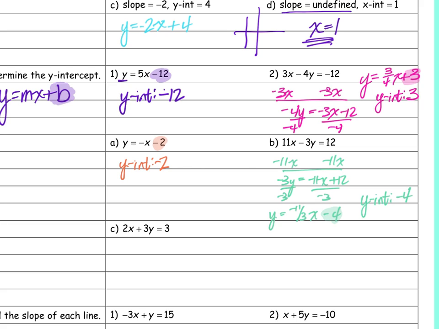And then on the last one, solve for y again. Subtract 2x. 3y equals negative 2x plus 3. Divide by 3. y equals negative 2/3 x plus 3. Sorry, my writing's getting sloppy. So my y-intercept is 3.